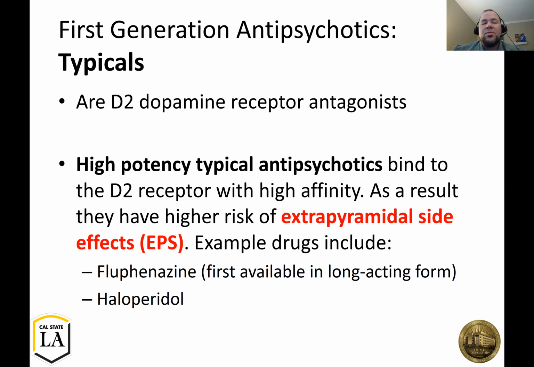They're all D2 dopamine receptor antagonists, right? So we have the high potency typical antipsychotics. Again, they bind with the D2 receptor with high affinity. As a result, they have higher risk of what's known as extrapyramidal side effects, okay? And some examples of this: haloperidol is probably the biggest one.